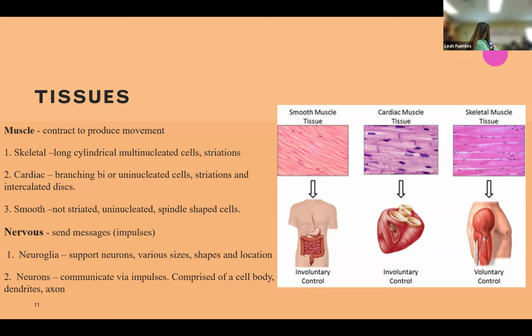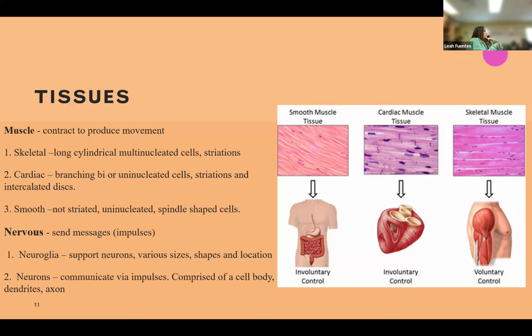Very uniform, very nice to look at. Those are found around your organs. So again, muscle tissue, there's only 3 types. On your exam, if it's asking you to name one of the muscle tissues and it says muscle tissue in the question, you should only be writing skeletal, cardiac, or smooth.